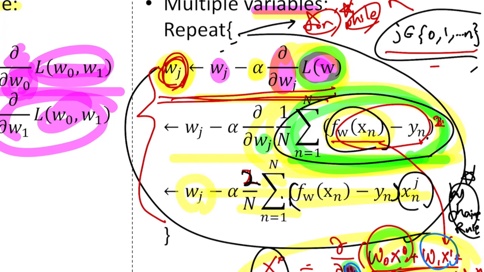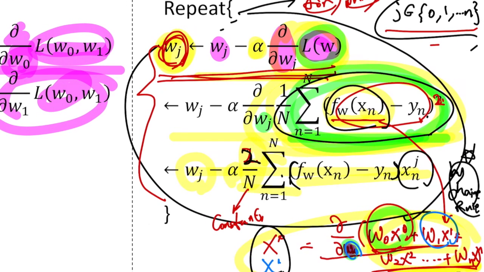So the previous w_j minus alpha, the learning rate alpha, times some constant. Actually it's just a constant value, right? If you find another textbook, this loss function starts from 2 over n, so it might eliminate this constant 2.